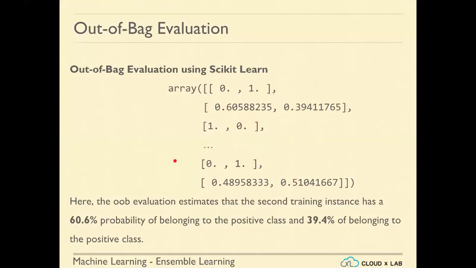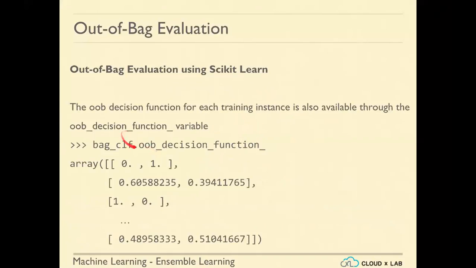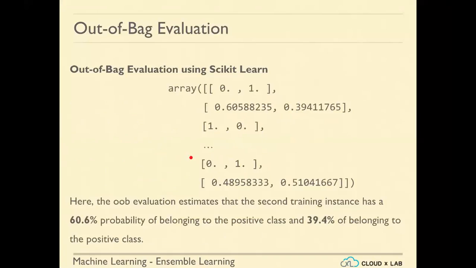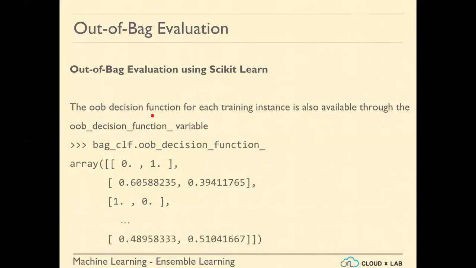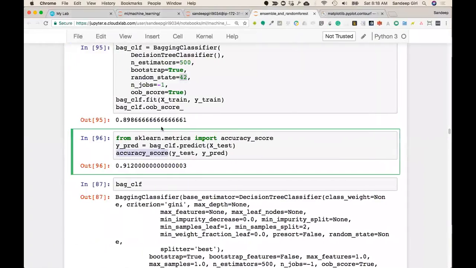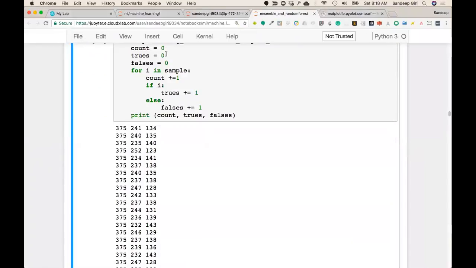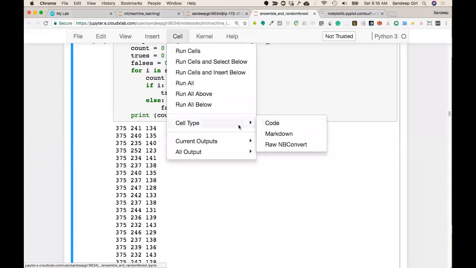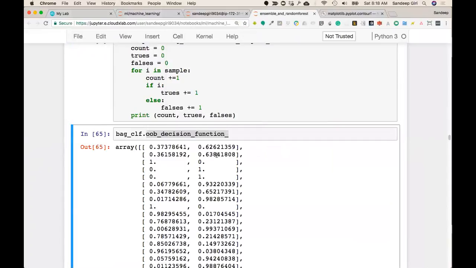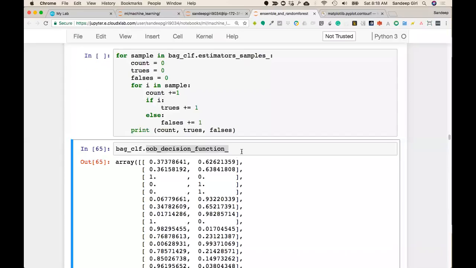If you want to take a look at the OOB decision function, you can always look at this variable. Let me clear this cell again because it is taking too much space.